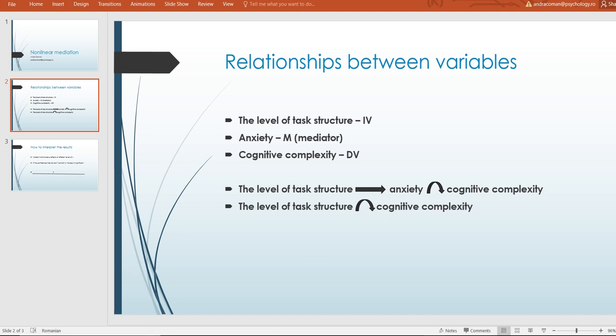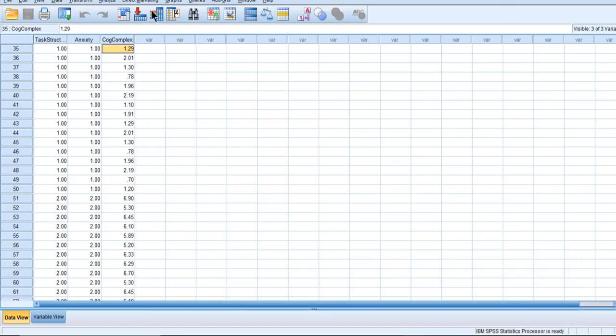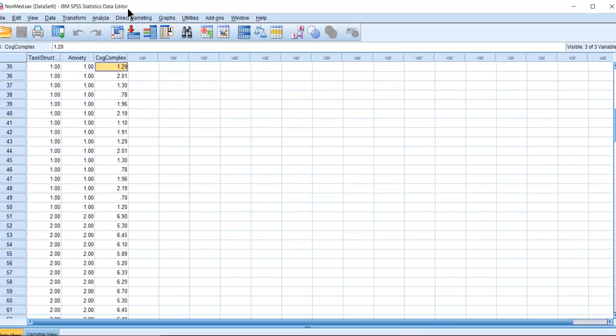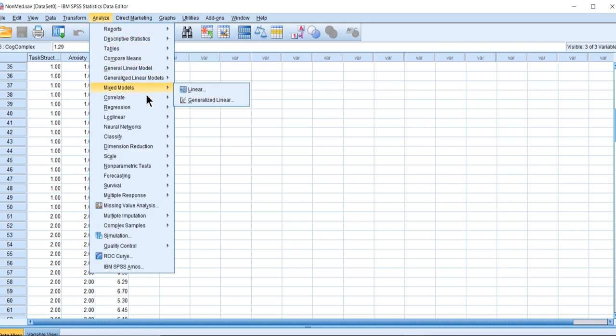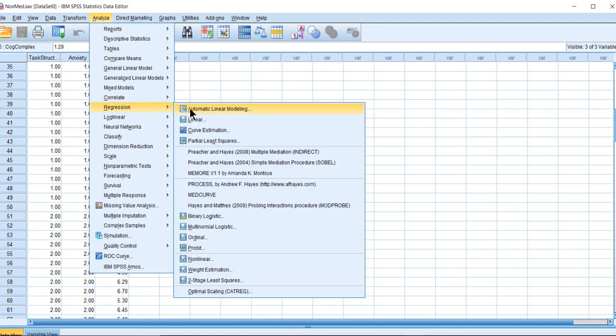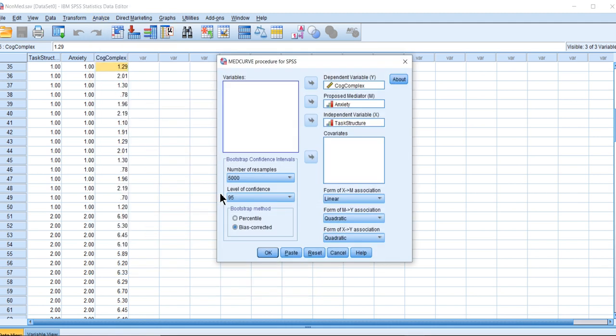So let's run the analysis and see what we obtain. We go to regression. I have installed MEDCURVE here. Let's reset it.